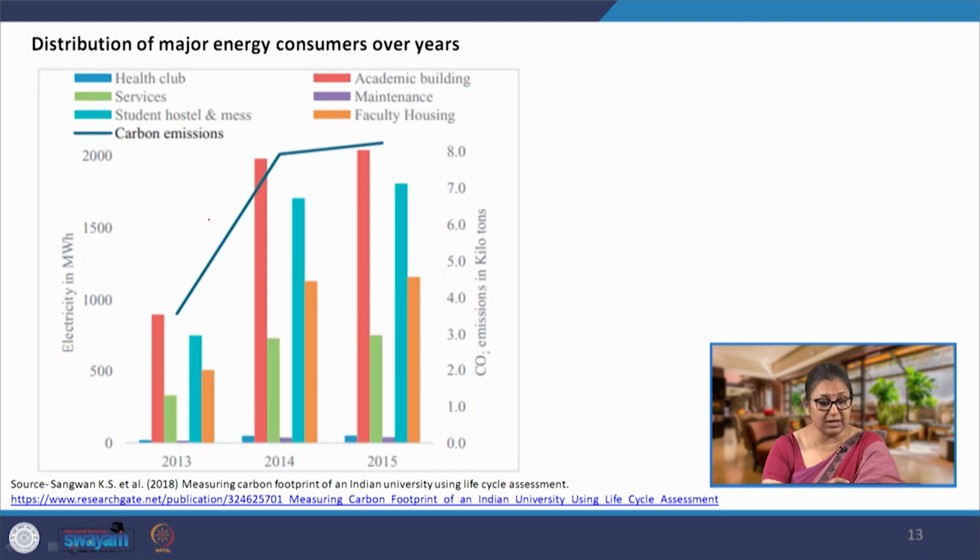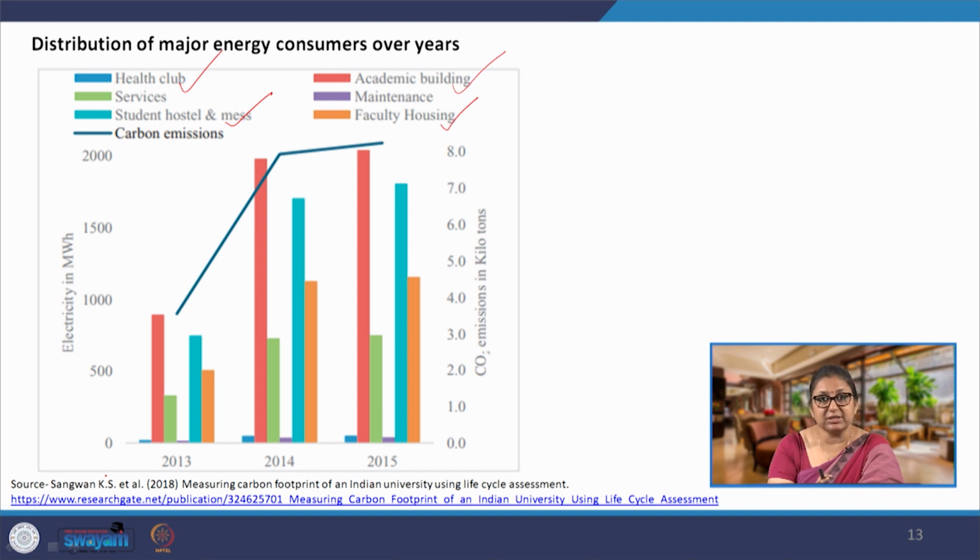So, if we look at that, the major energy consumers of this electricity are academic buildings, faculty housing, health club, again a building, plus of course services, student hostel and messes. So, we see that the majority of the scope 2 emissions, which is like 50% of the total emissions that the university reports, of that almost 75 to 80% is actually coming from buildings.